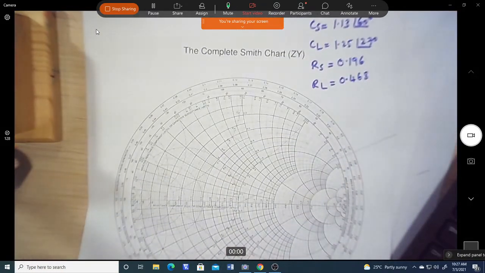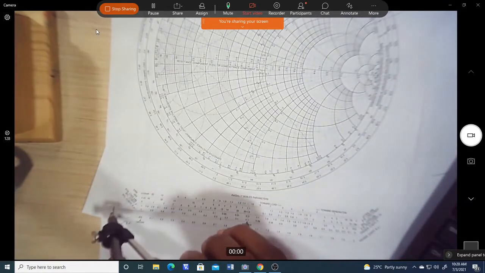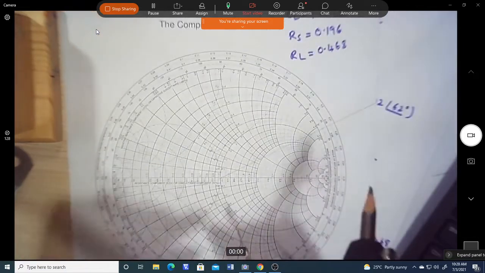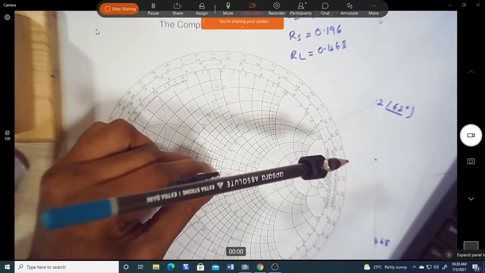After drawing that, I need to take this radius, because the center location is at 1.25, the magnitude of CL. Whatever it is, the magnitude of CL is 1.25. Now I need to take this radius and cut it from the center point.